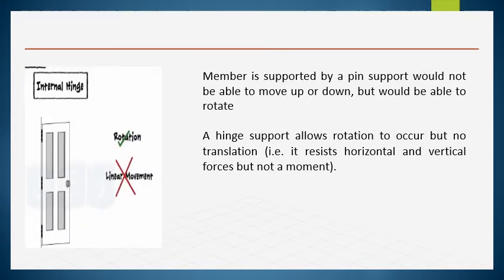Hinge support allows rotation to occur, but no translation. So the door you can open, but you cannot move it upward, downward, rightward, or leftward, but you can rotate it. So the hinge provides the rotational motion but no linear motion.